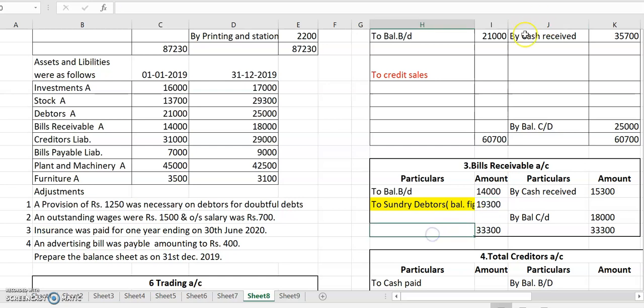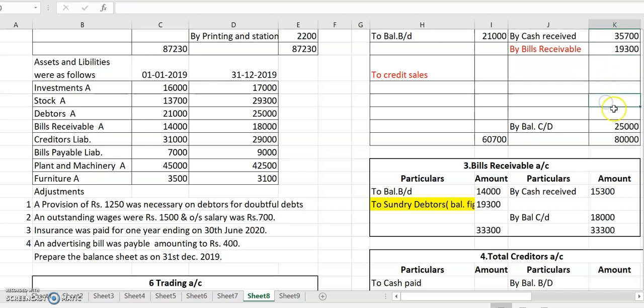So this amount will be recorded on the credit side of the debtors account by the name of bills receivable account, which is transferred here, 19,300.